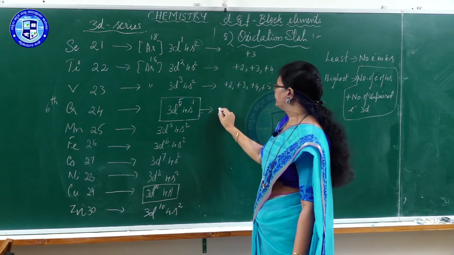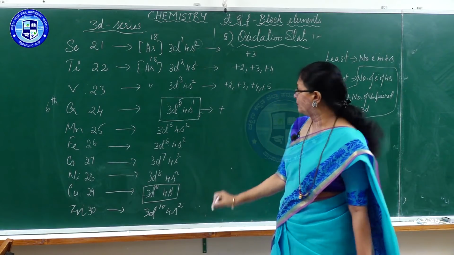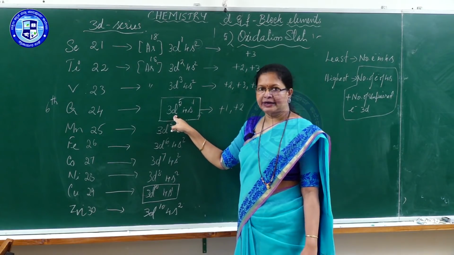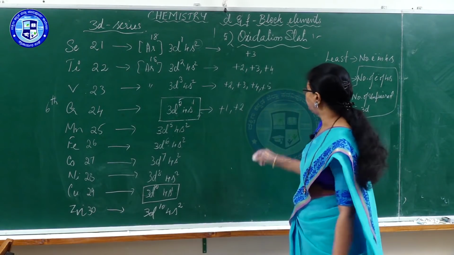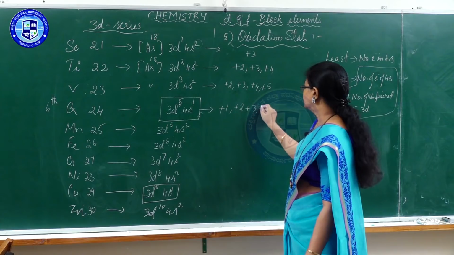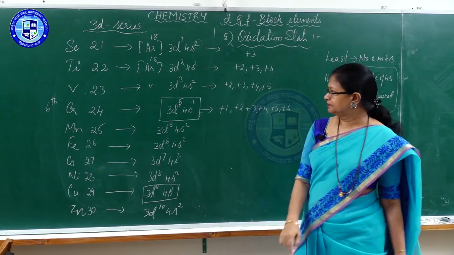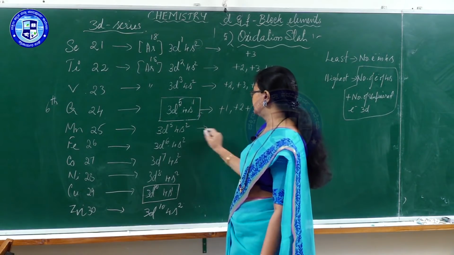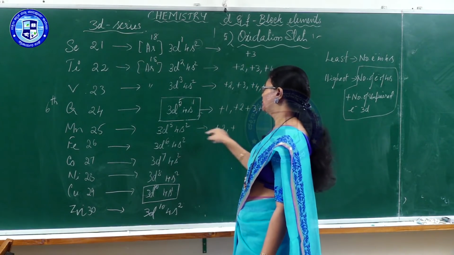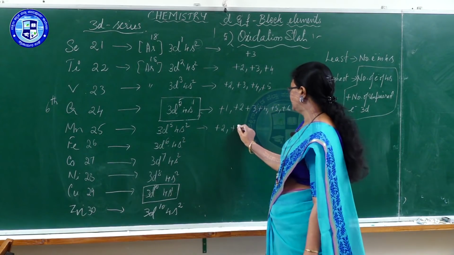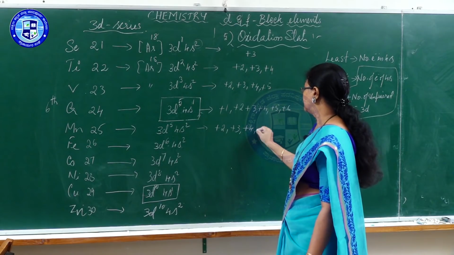Here chromium should start from +1, +2, all the 5 electrons are unpaired, right. So 5 + 1 makes 6, up to +6, +4, +5, +6. Then manganese starts from +2, then up to 5 + 2, that is up to 7.